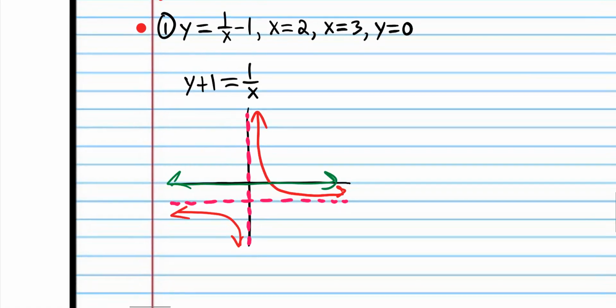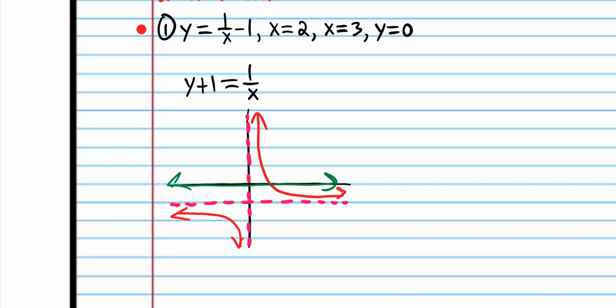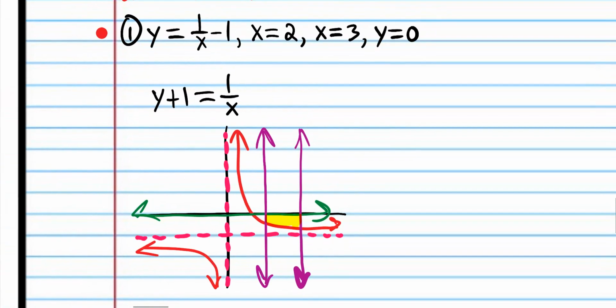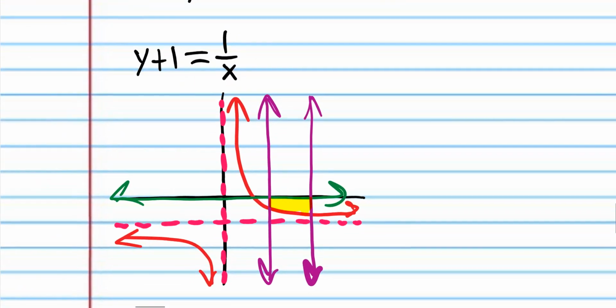This graph does not have to be perfect. It just has to give you an idea of what area we're rotating. So now you can see that the area that we're considering is this yellow area in here, and we're going to rotate that about the x-axis.